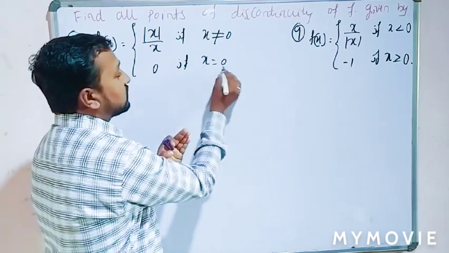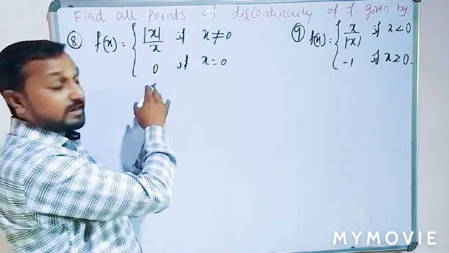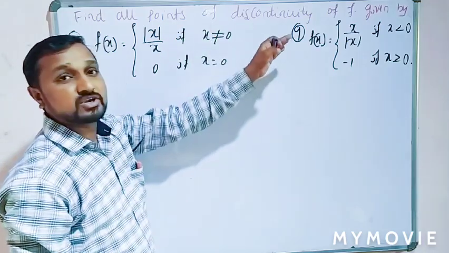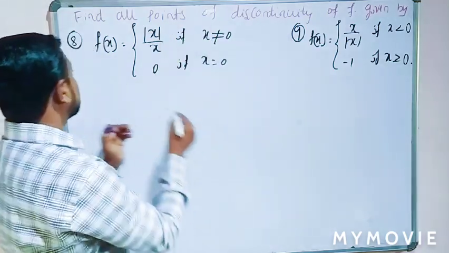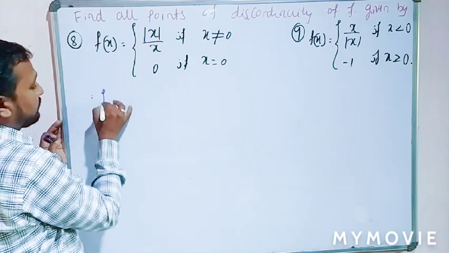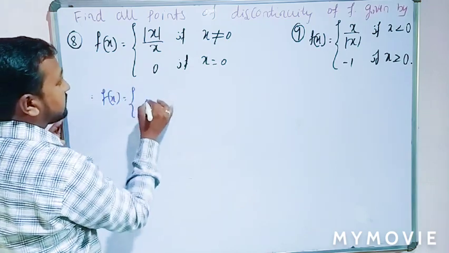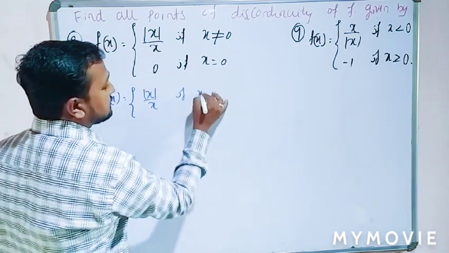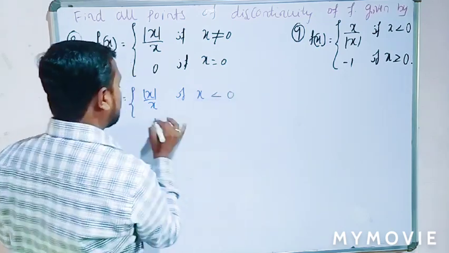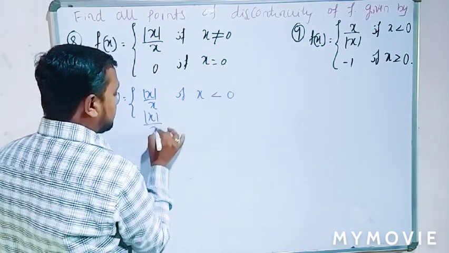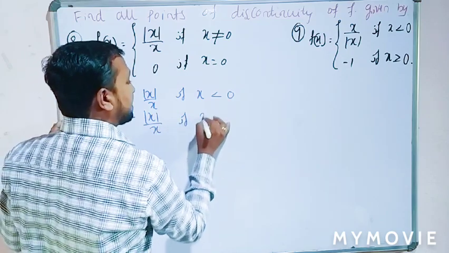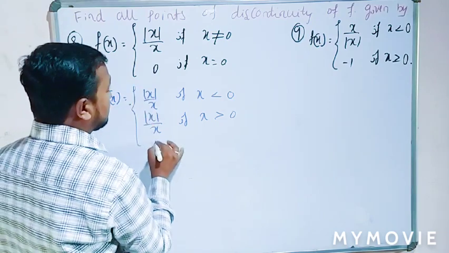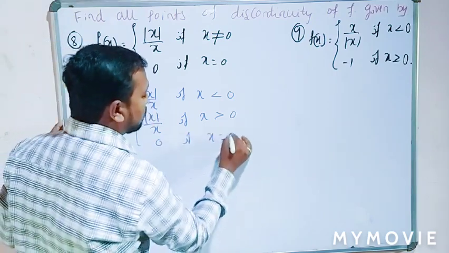Okay. So at x equal to 0, the function should be 0. Is that clear? And x not equal to 0 is nothing but either x is greater than 0 or x is less than 0. Here this function is again written as f of x equal to mod x divided by x if x is less than 0, mod x divided by x if x is greater than 0, and 0 if exactly x equal to 0.